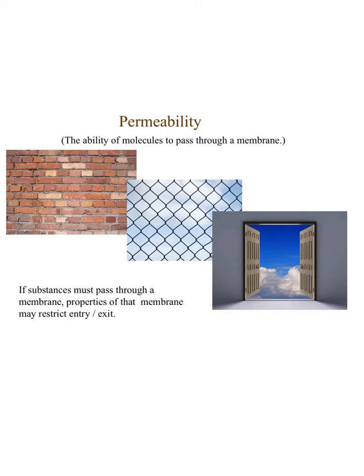Think about how hard or easy it would be to get through a brick wall, or a chain link fence, or if you had an open window or a door in a wall. Membranes, turns out, can sometimes act like brick walls, and sometimes act like chain link fences, and sometimes act like open windows and doors.